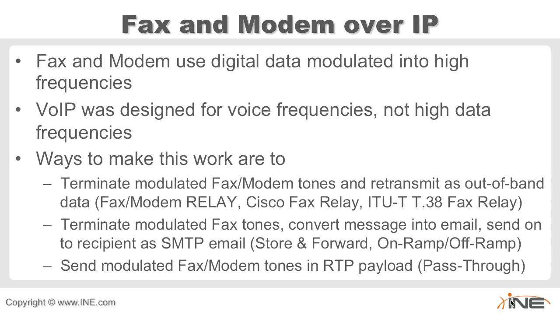This only works with G711 or G722, and this is called pass-through. RTP is sent over UDP, so if we drop even 1% packet loss, we're going to lose some of those fax tones and we're not going to get our entire message. So pass-through is what you want to avoid.